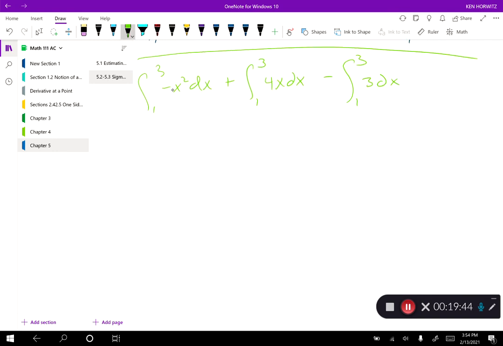All right, now I have a constant in the first two that I want to take out. So I can say negative integral 1 to 3 of x squared dx plus, I can take out the 4, the integral from 1 to 3 of x dx. Now I can take out the 3, so I have minus 3, the integral from 1 to 3 of just plain old dx.